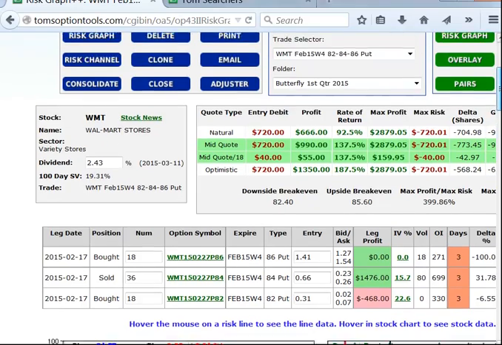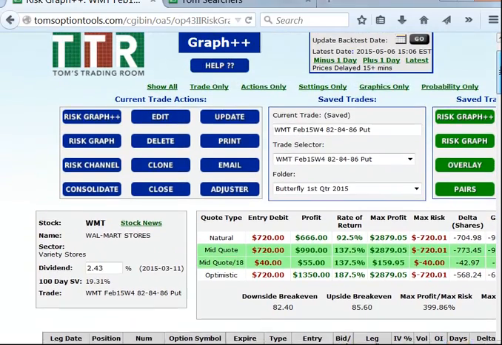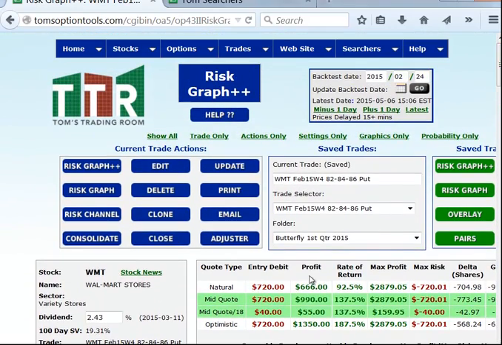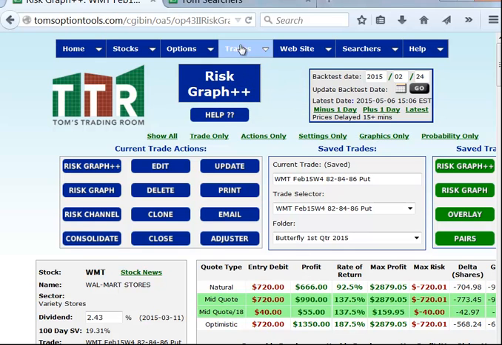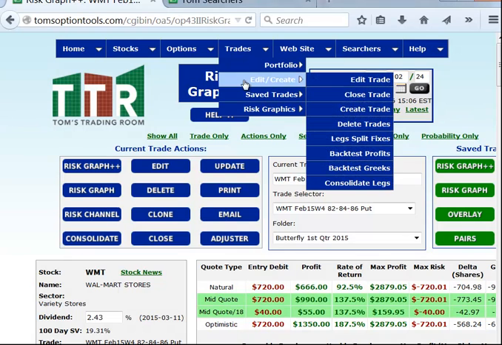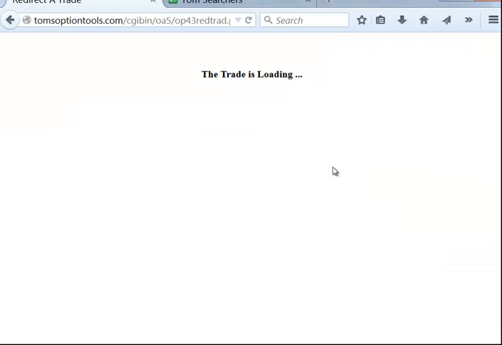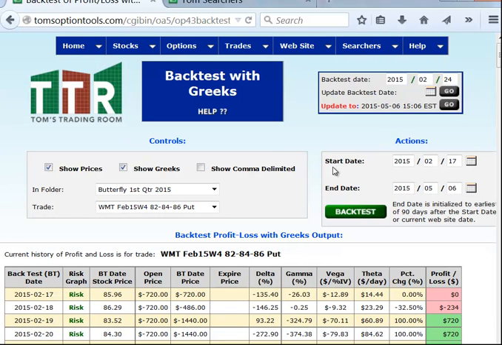Now, after I've looked at a particular trade at a certain level, I like to go straight from there and go under Trades, Edit, Create Trades, scroll over to Backtesting with Greeks, and it will pick up the trade that I'm looking at. I am dated back on the date of, I believe, 2/24.